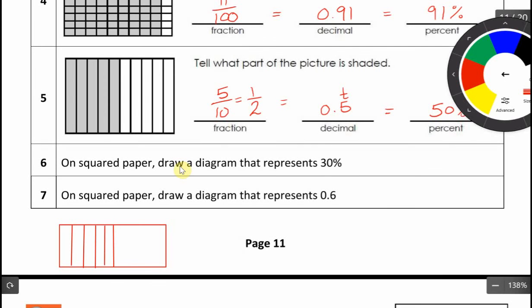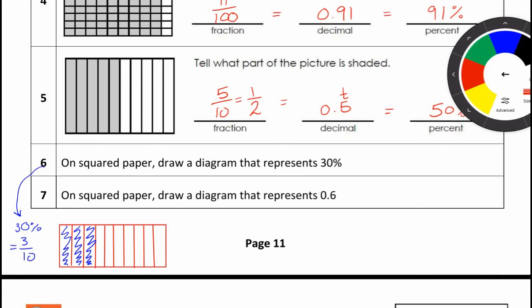Doesn't have to be perfect, just do it as best you can. Okay, and we want to shade in 30%, so we want to shade in 3/10. That's question 6.